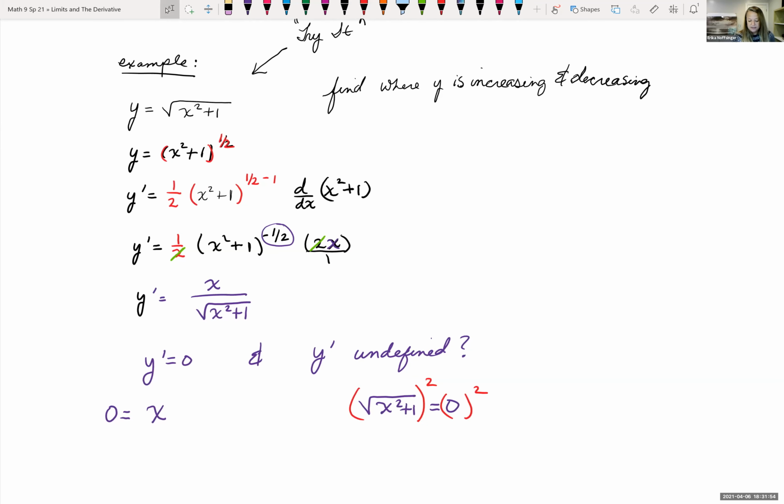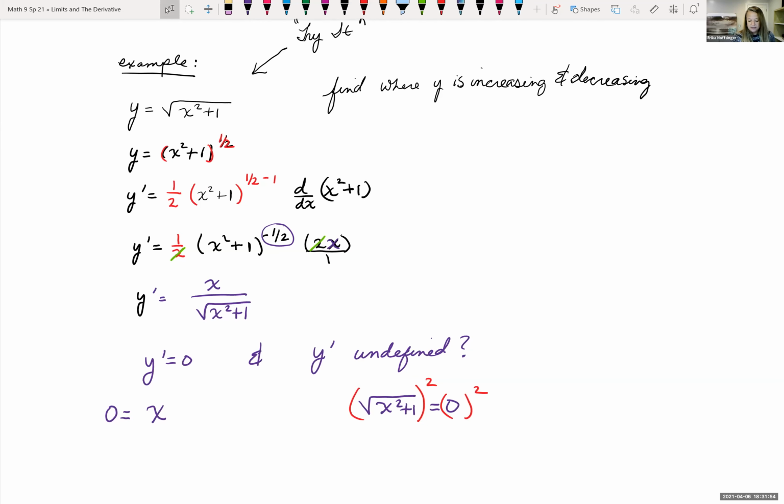I can try factoring x squared plus 1, or another way to do this is I can isolate my x squared and take the square root of both sides. I notice this is not factorable. I also notice I'm going to get an imaginary number. If I subtract 1, x squared equals negative 1. I can take the square root of both sides, putting plus or minus in front of one of the radicals.